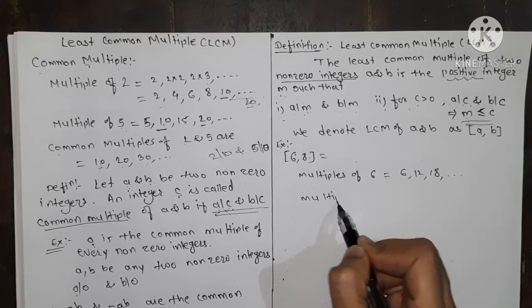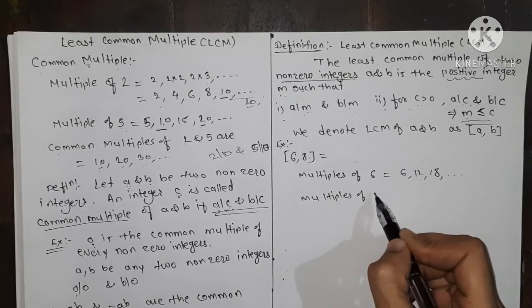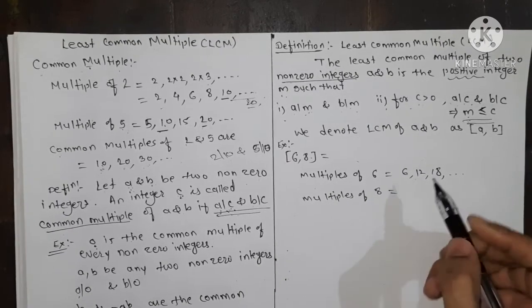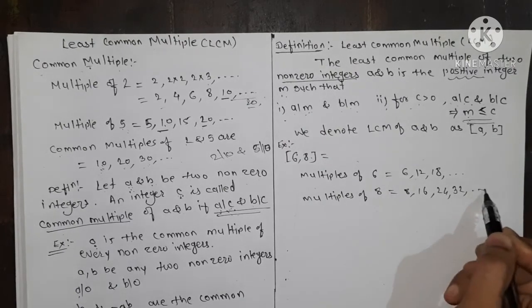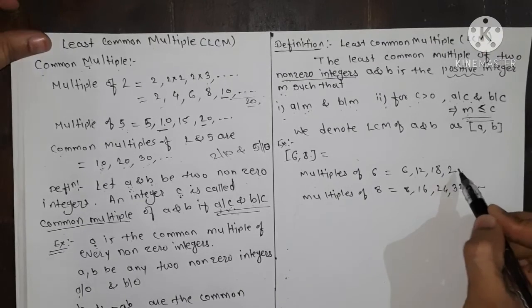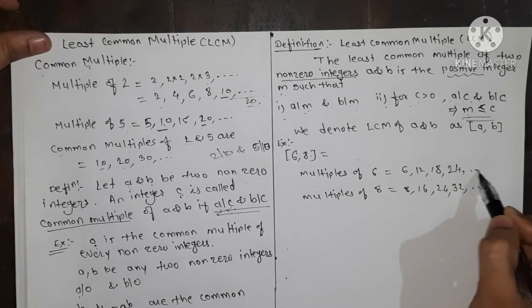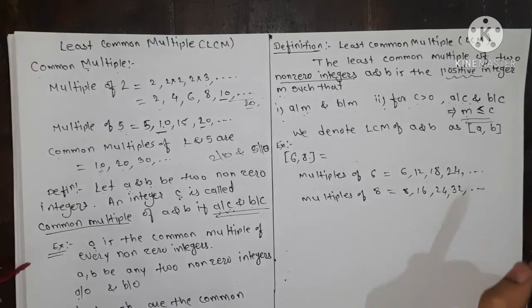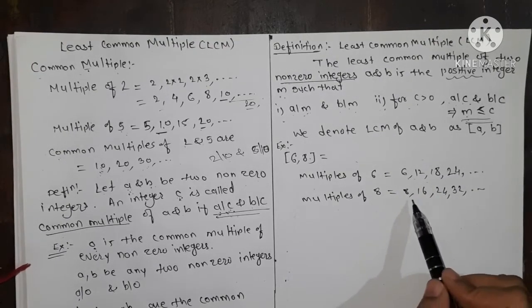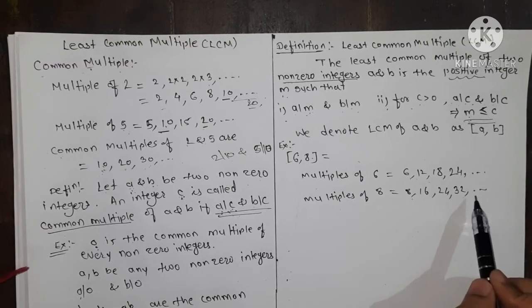Multiples of 8 and so on. Okay, so the multiples of 6 are 6, 12, 18, 24 and so on. Multiples of 8 are 8, 16, 24, 32 and so on.